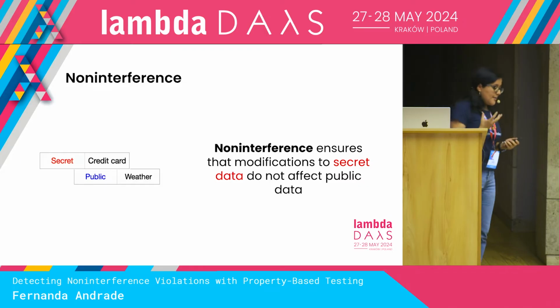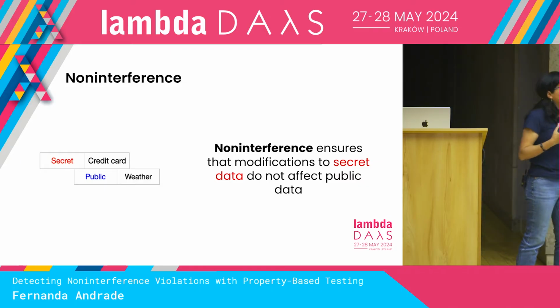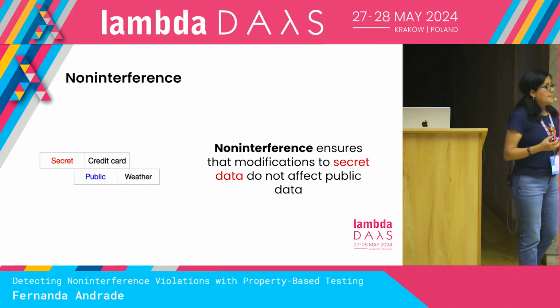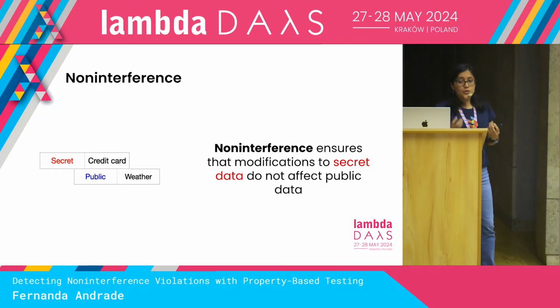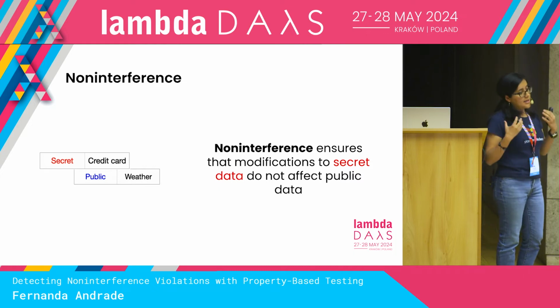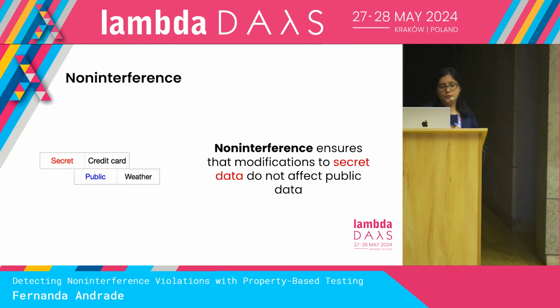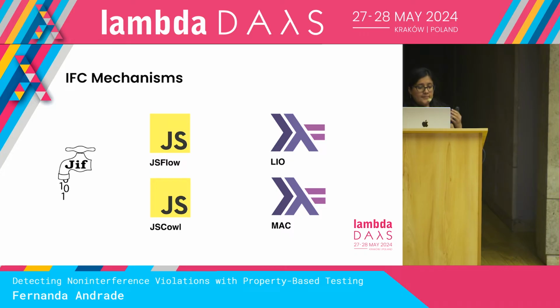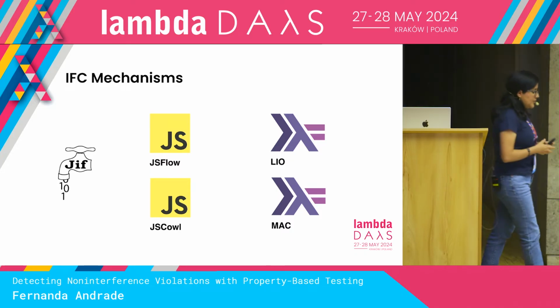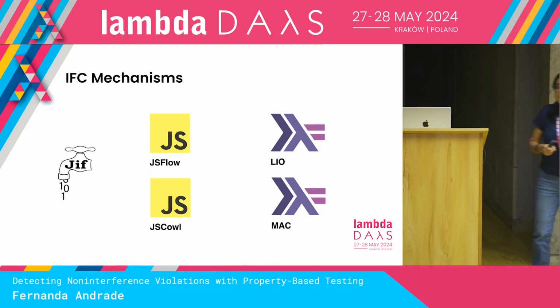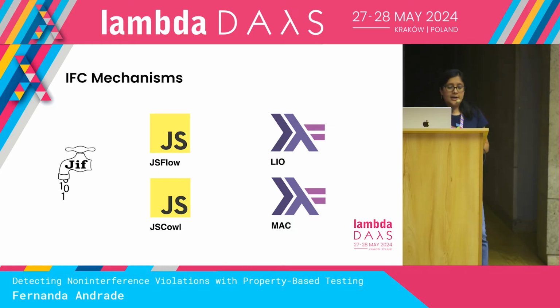When we talk about non-interference, maybe this is new for some of you, because this is a term that is usually used when we talk about formalizing mechanisms that use information flow control. Some of the information flow control mechanisms that you might know are, for instance, JIF in Java, JSFlow, JSCode in JavaScript, or LIO and MAC in Haskell.